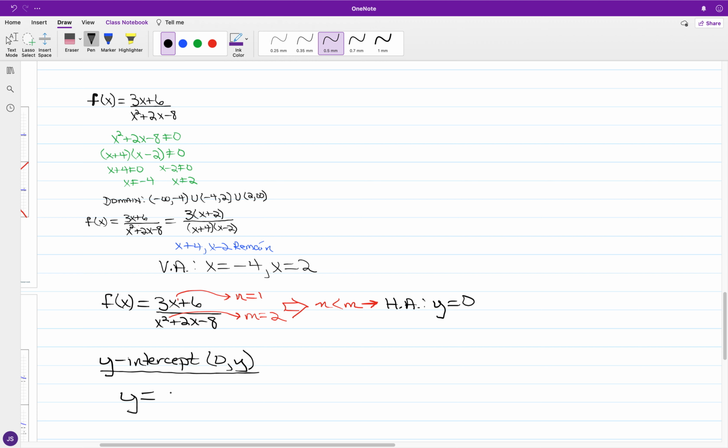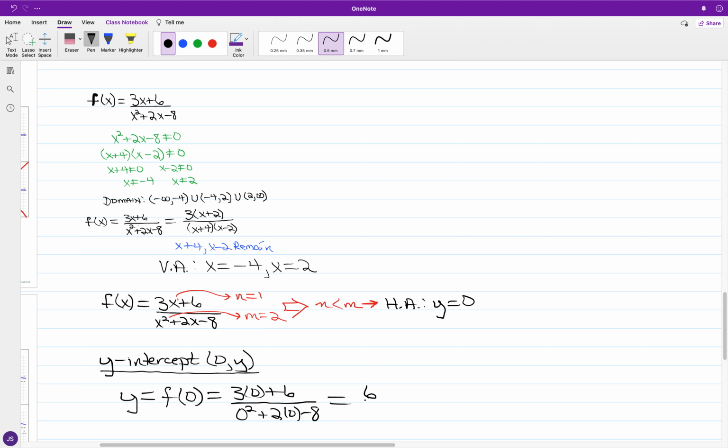So we can say y is equal to f of x, which in this case is f of 0. And so we have 3 times 0 plus 6, all over 0 squared plus 2 times 0 minus 8.